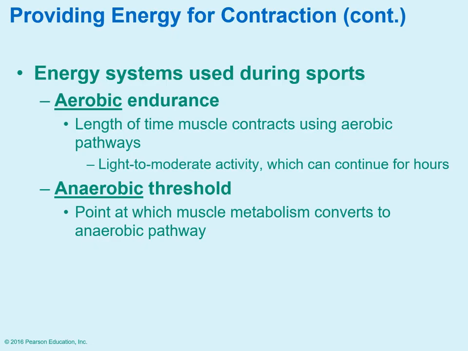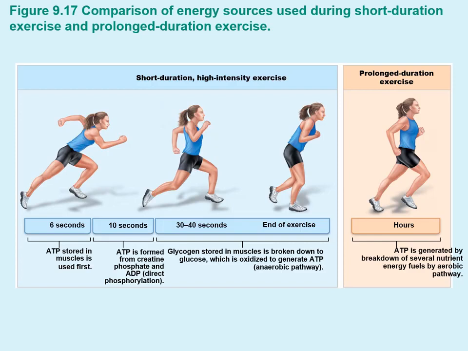So during sports, aerobic endurance versus anaerobic threshold: at what point does the muscle metabolism convert to those anaerobic pathways? This is showing first you're using the stored ATP, then the creatine phosphate.